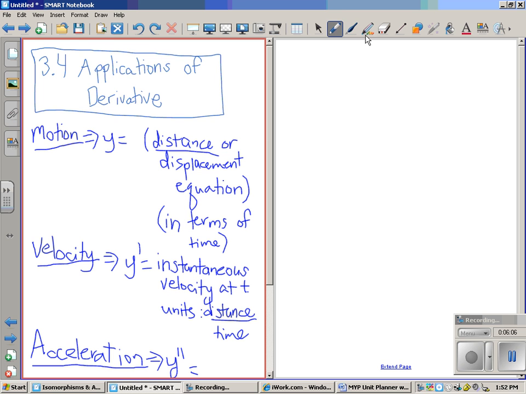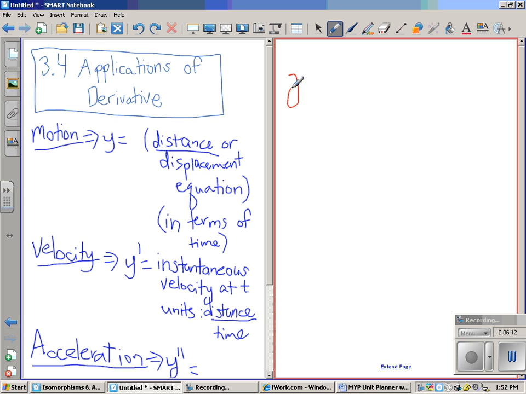Let's take a look at the equations we talked about last time. Oh, that's supposed to be y. Bummer. Okay, here we go. y equals 16t squared was the distance a falling object traveled.